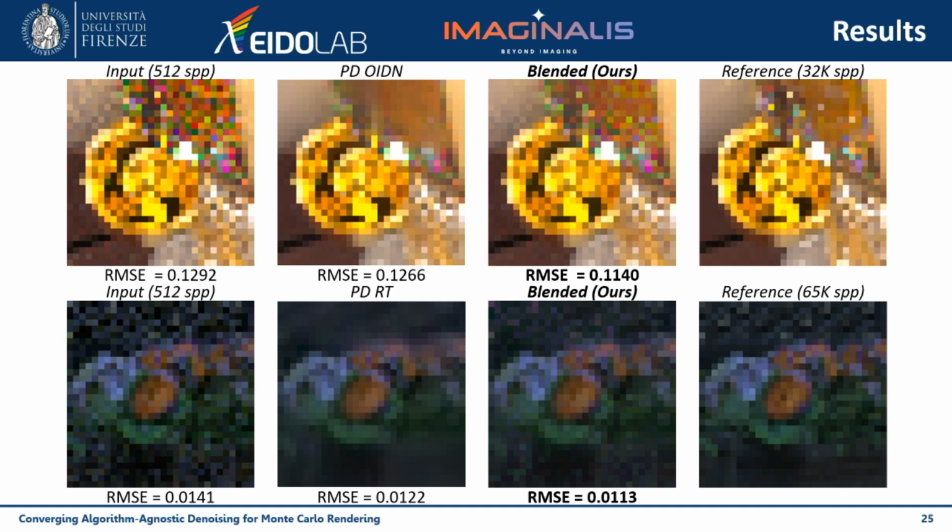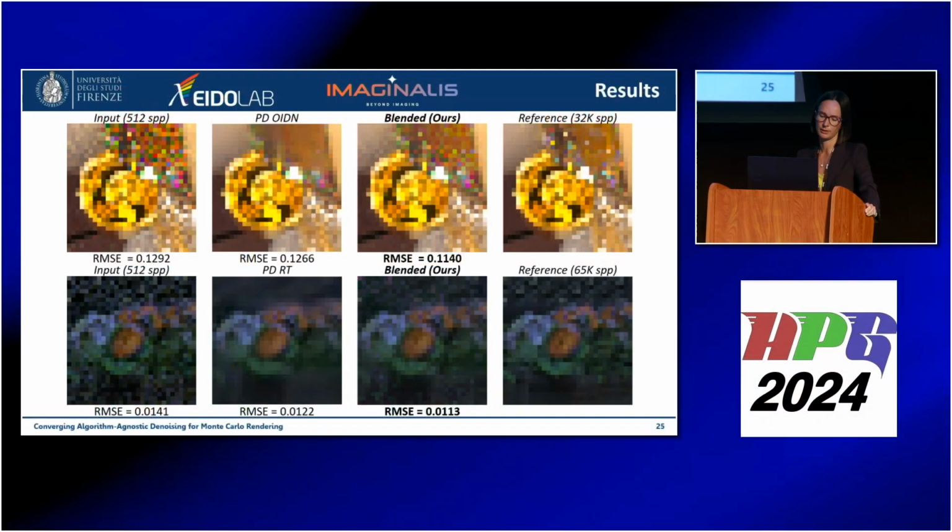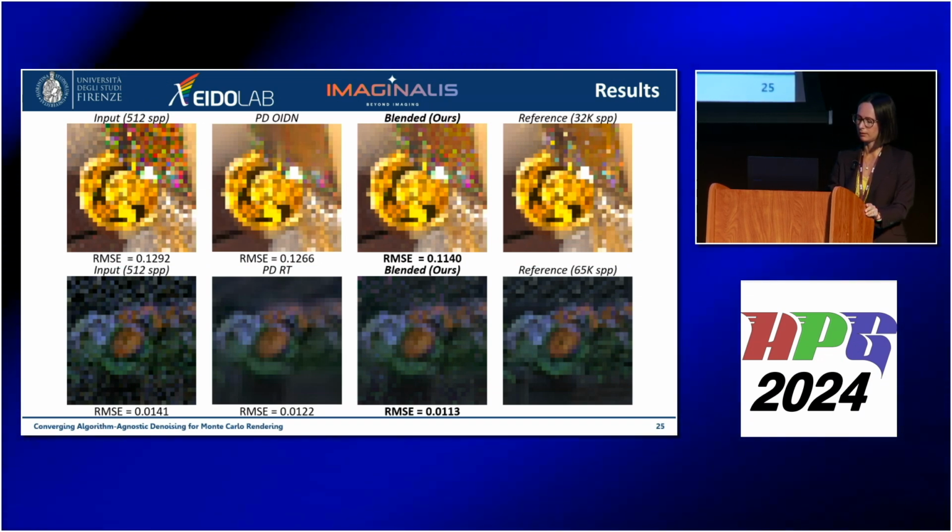We also compared our method with the recently proposed deep learning-based method, PD, which stands for progressive denoising, applying Open Denoiser and RT. RT is the denoiser that is based on Open Denoiser, but it also considers the variance of the samples. Again, for these crops, the error is lower for our method.